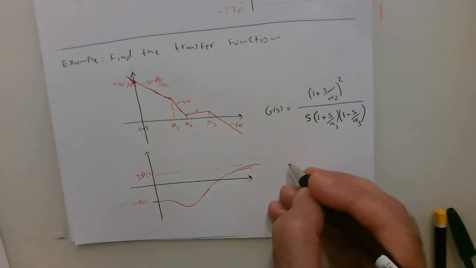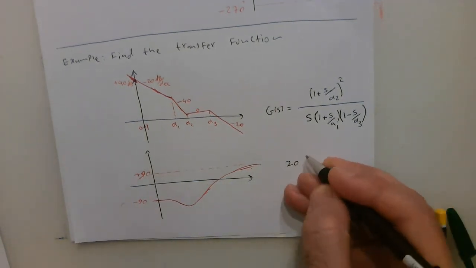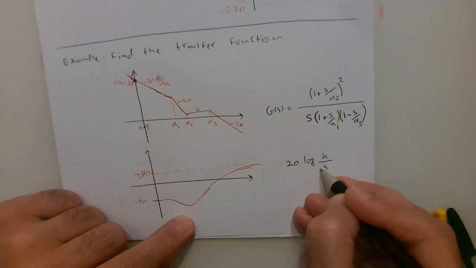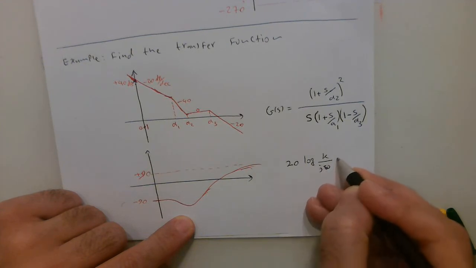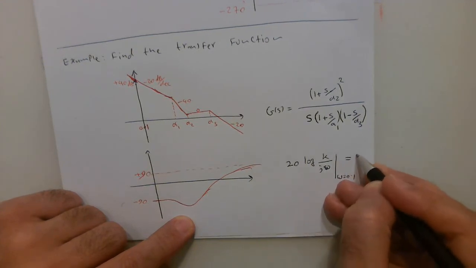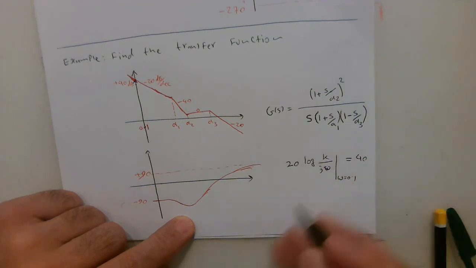So we know that 20 logarithm of k over s, or k over j omega, when omega is 0.1, is equal to 40. So the question is, what is k?